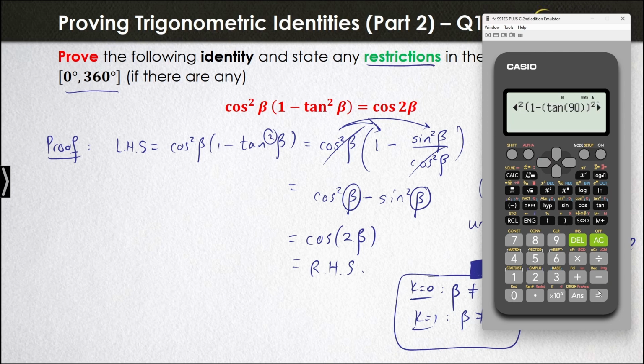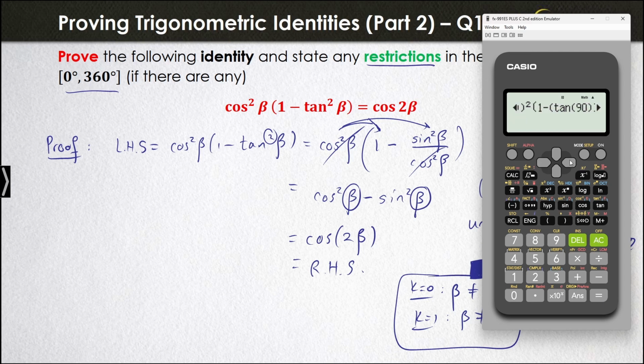Okay, so that's beta equals 90, and you get an error, because the calculator cannot compute tan of 90 degrees, because that's an asymptote, so it explodes all the way to positive or negative infinity, depending on left or right. Okay, so 90 degrees, definitely a restricted value.